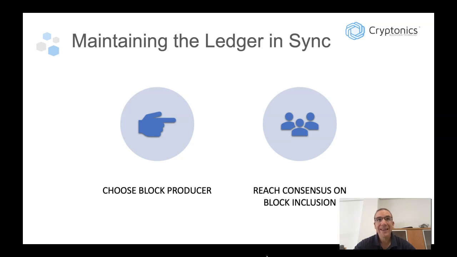Someone has to be elected in a way to provide the next block. Otherwise there'll be a lot of nodes trying to produce different blocks at the same time. And then once we have this block, the whole system needs to reach a consensus of whether this block is correct and should be included in the blockchain or not. And all this is called consensus, and we'll discuss this in the next video in a lot of detail.